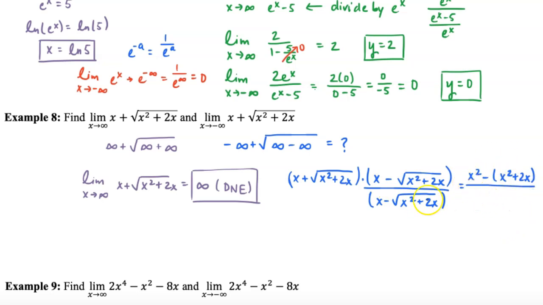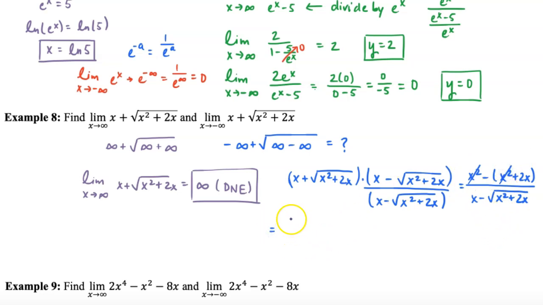And I'm just dividing this by what I have in this denominator, x minus the square root of x squared plus 2x. Let's see what happened. Well, now I've got x squared minus x squared minus 2x. My x squareds are going to cancel out.